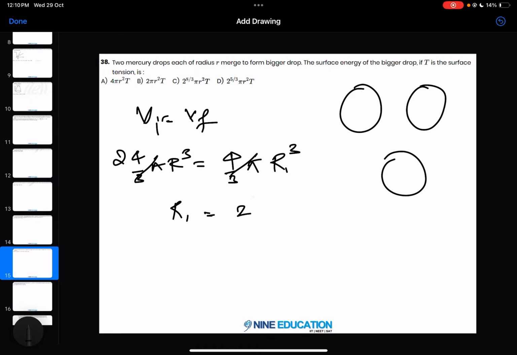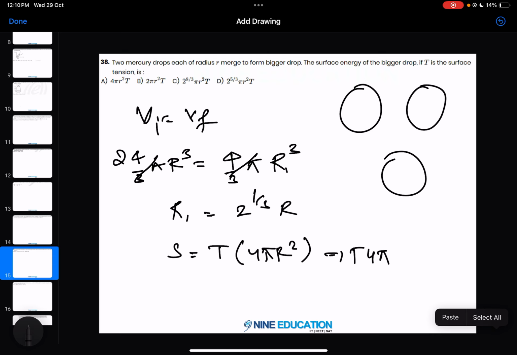The new radius is 2 power 1 by 3 into R, and we need the new surface energy of the bigger drop. So surface energy is simply surface tension into 4 pi R square. So T into 4 pi and R square, 2 power 2 by 3 into R square.